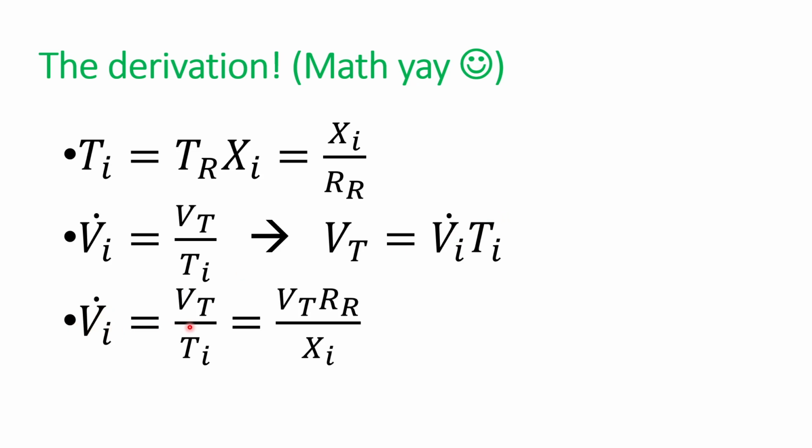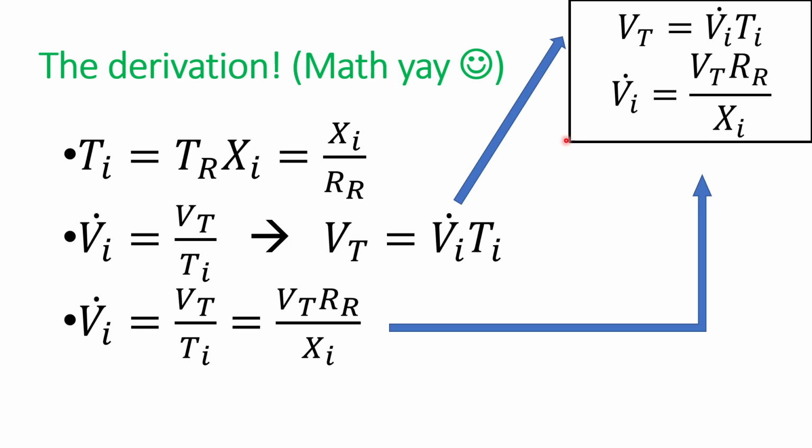Here we can expand this, and we solved for Ti up here, which is xi over RR, so substituting that in, we get this relationship. I'm going to store these two in this box in the top right hand corner because we'll be using them down the road.